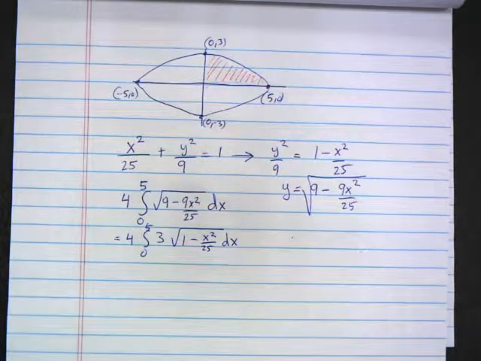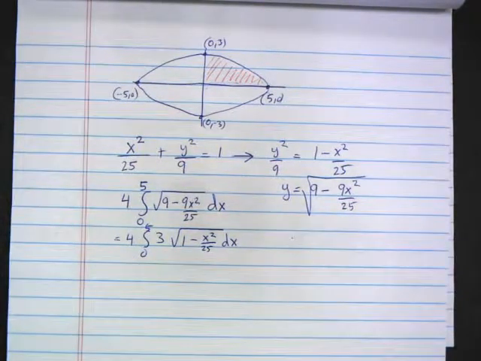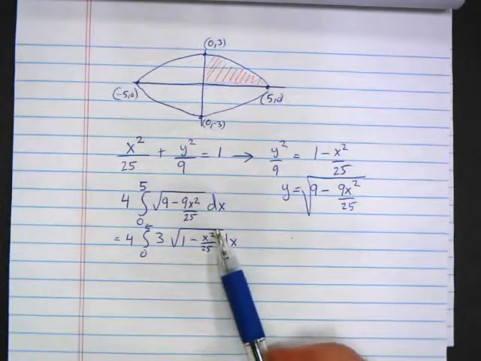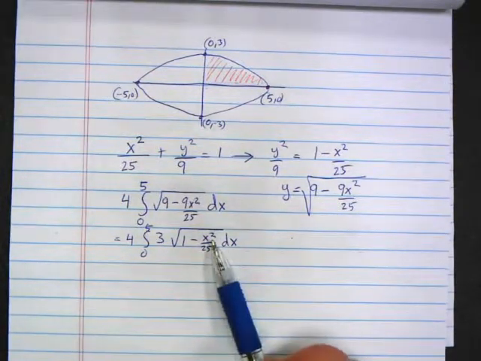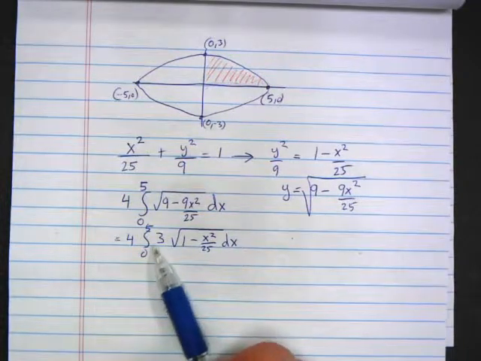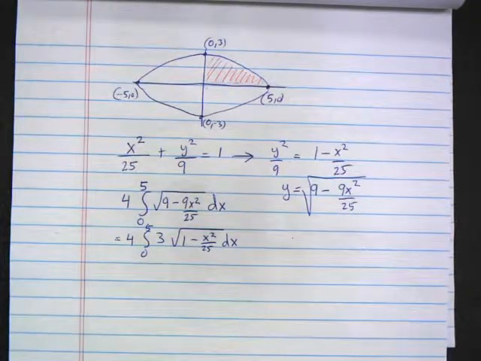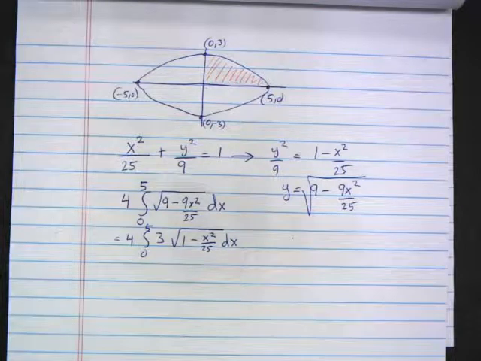Now what? Bring the 3 out. Okay, 4 times 3 is 12. It's not wrong. I was hoping for something a little more. We can't do a u sub because I would have to let u be the x squared, and then for du I would need a 2x out here. I don't have an x out here. Could you make it x over 5 and square it? It would be like u squared or something. Okay, that might make things a little bit easier. I see what you're saying.